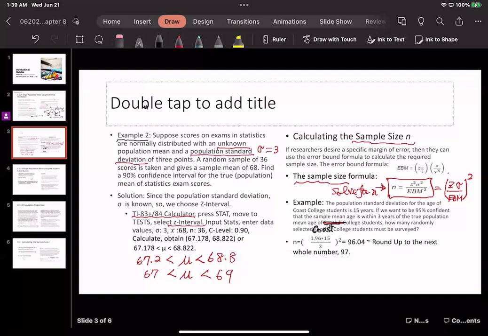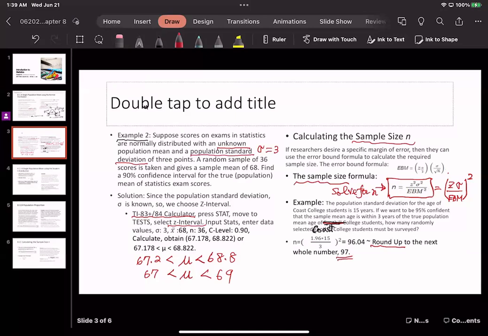Then one thing very, very important: we need to remember to round up to the next whole number. Round up to the next whole number, which is 97.